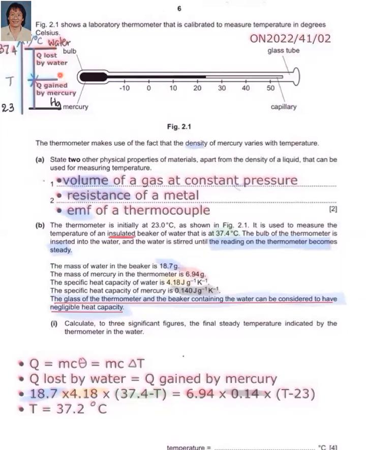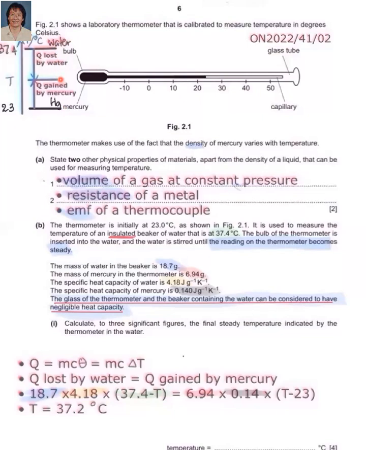The initial temperature of the mercury is 23 degrees Celsius, the initial temperature of the water is 37.4 degrees Celsius, and the final temperature, T, is to be calculated. From this diagram we know how to calculate the temperature change for the water and for the mercury, given the final temperature is T degrees Celsius.